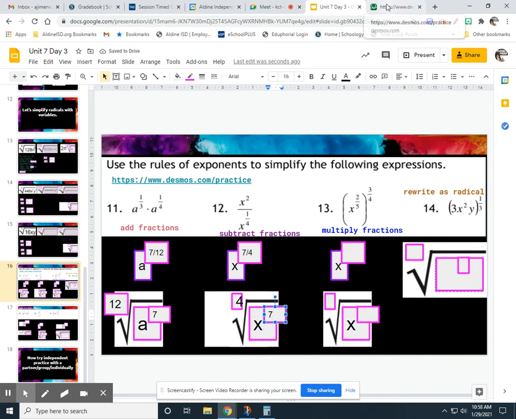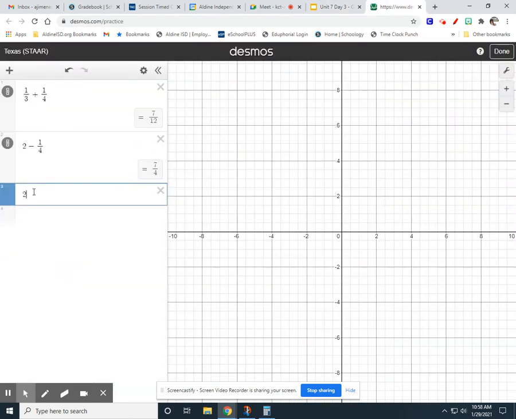All right, we do this one. We're just multiplying fractions. 2 over 5 times the fraction 3 over 4. So we do the fraction part.